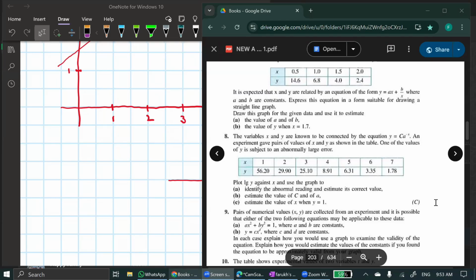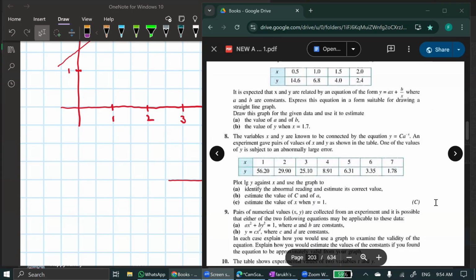The variables x and y are known to be connected by the equation y is equal to c a power minus x. An experiment gave pair of values of x and y as shown in the table. One of the values of y is subject to an abnormal large error.